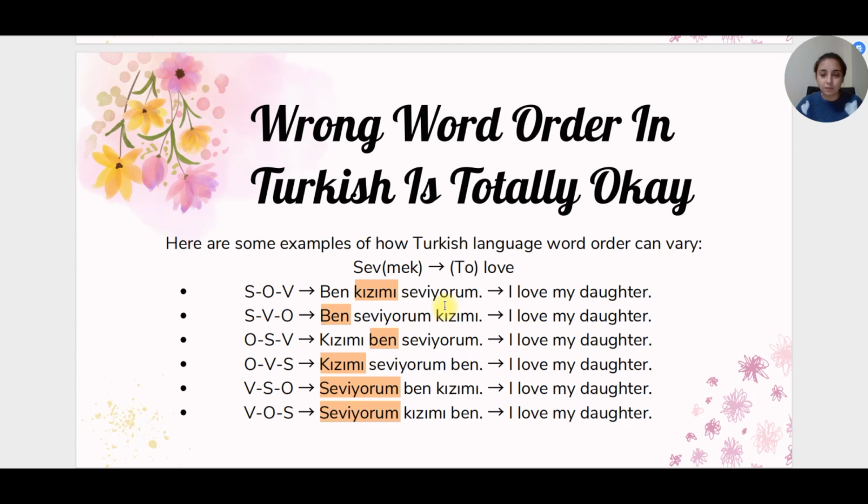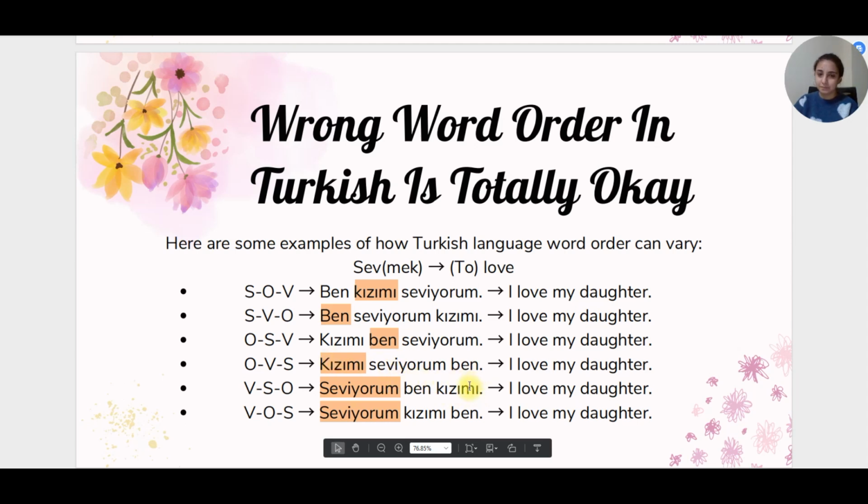Ben kızımı seviyorum. This is the best structure in Turkish. SOV. And you can say also this: ben seviyorum kızımı. You can change the sequence and it makes sense. I love my daughter. Kızımı ben seviyorum. We cannot say that it does not make sense. You can make it like that, but it is not so common.